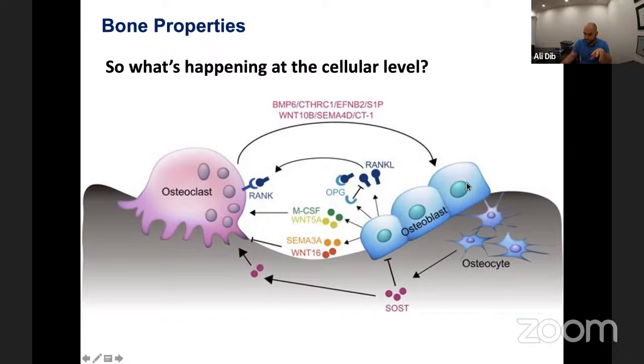Because the osteoclast activity increases with decreased demand on the body, you're going to get less and less density of bone because more of it is being removed, right? So that's a big issue as well.